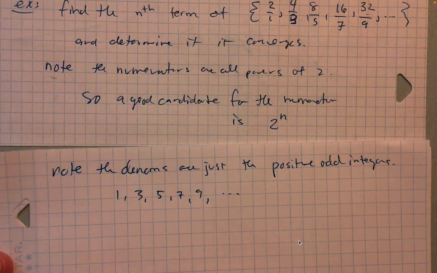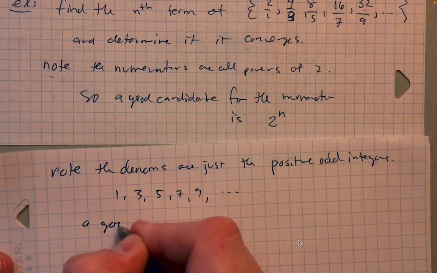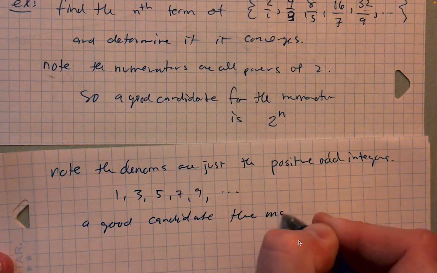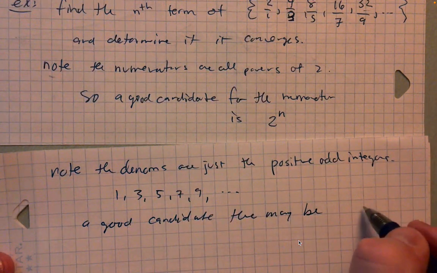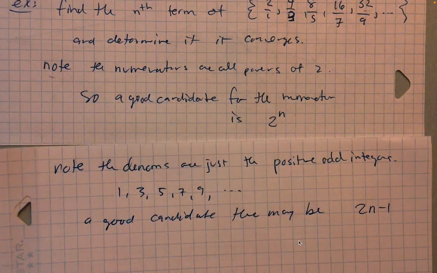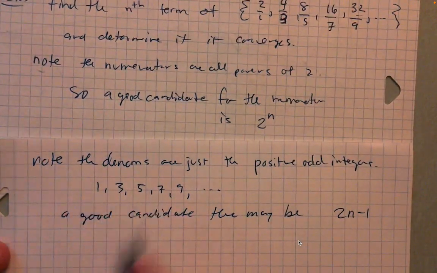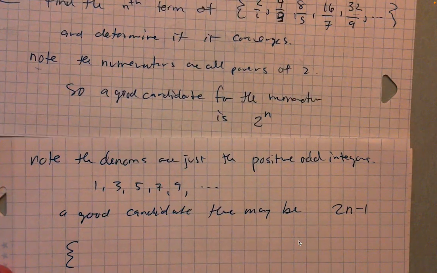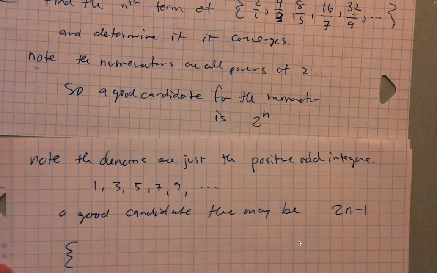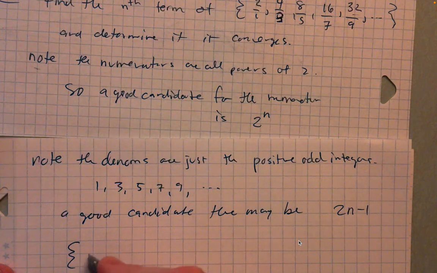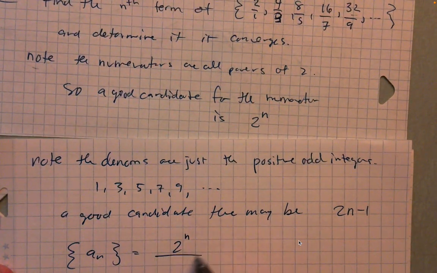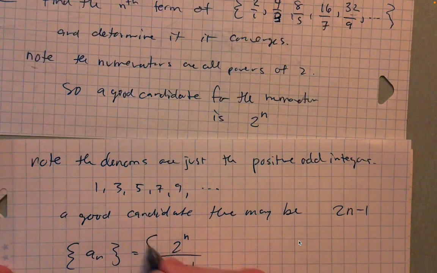So a good candidate there may be 2n minus 1. We're only given the first 5 terms, so we have to infer that the pattern would hold, but one way to write this sequence would be to say that a_n is equal to 2 to the n over 2n minus 1.